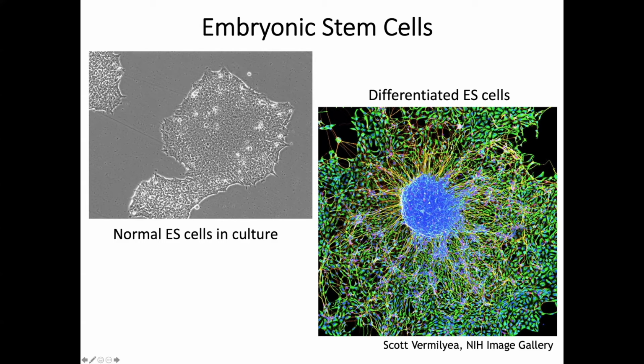On the top, these ball-shaped cells are a cluster of ES cells, and the cells at the bottom, those greenish cells, are most likely feeder cells, okay? The feeder cells are irradiated cells that do not proliferate, they don't divide, but they secrete substances that can help the ES cells to grow.